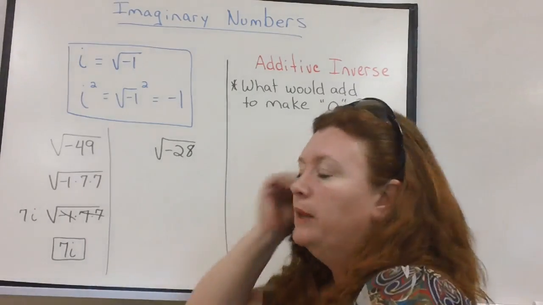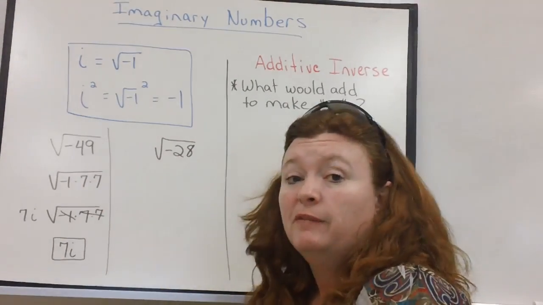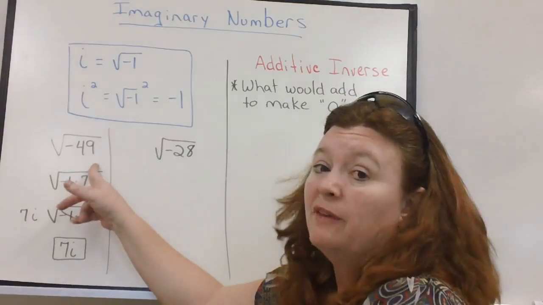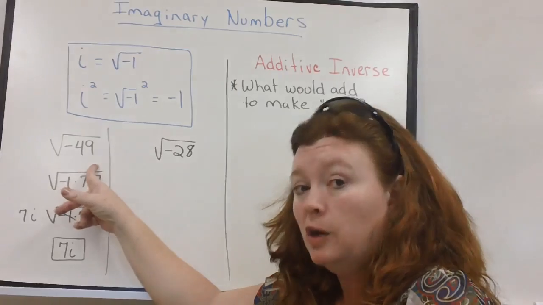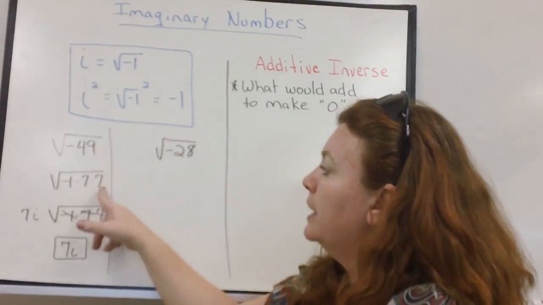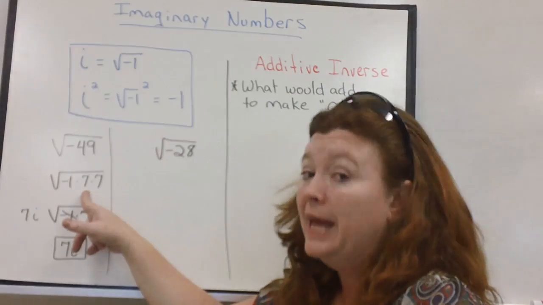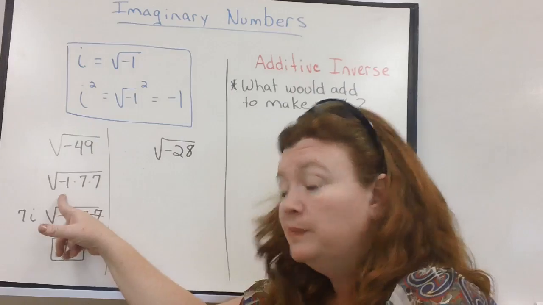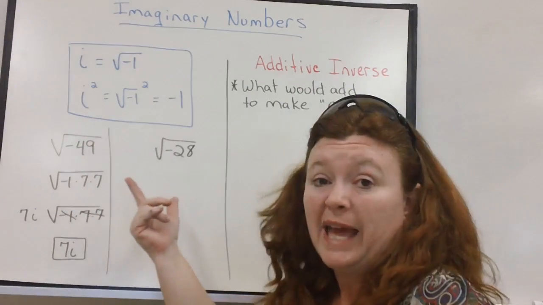Why do we do this? Well, let's say I asked you to simplify the square root of -49. Well, let's see what we have. Remember, when you simplify a radical, you break it down into all its factors. So 49 is 7 times 7, but -49 is 7 times 7 times -1. And we'll take out what we can.